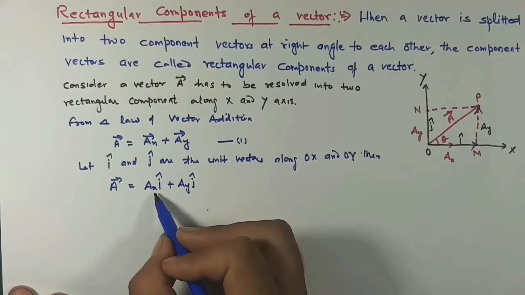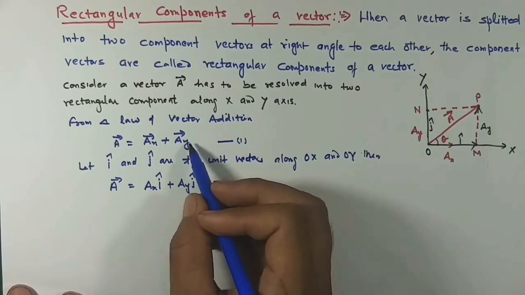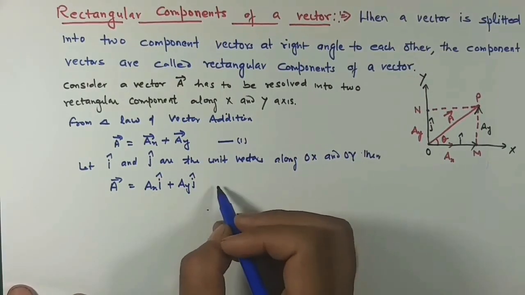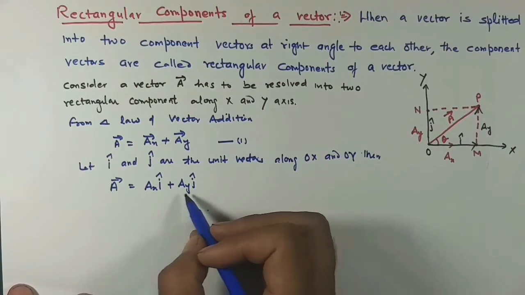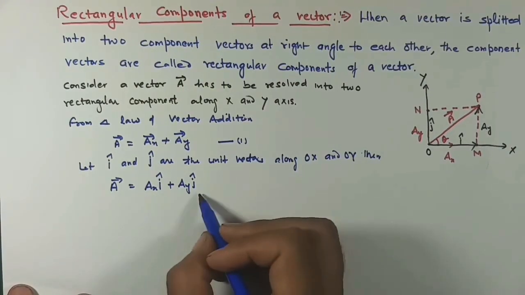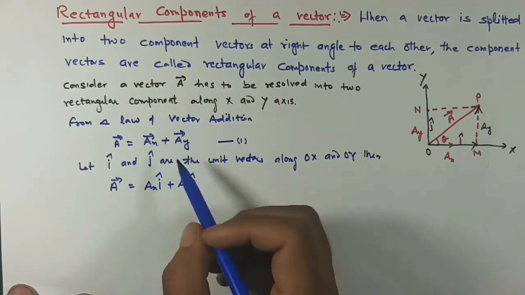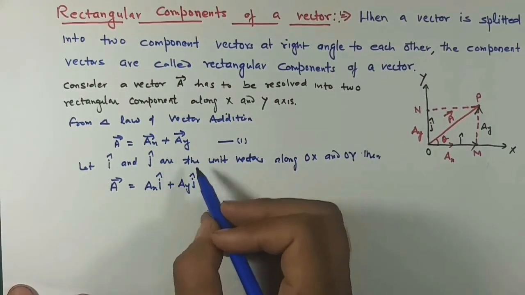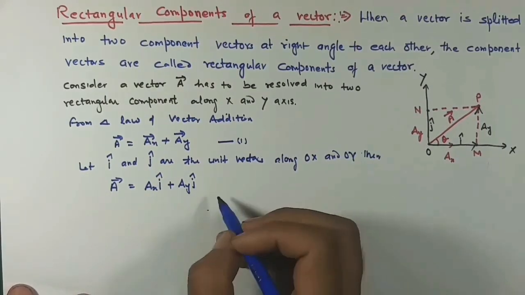As you know, when we apply the unit vectors, AX and AY can be taken in magnitudes. Clear? In term of magnitude or the unit vector, we can take this value like this. Vector AX can be written as AX I cap and AY can be written as AY J cap, and the unit vectors are given.